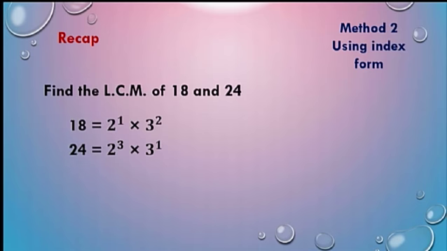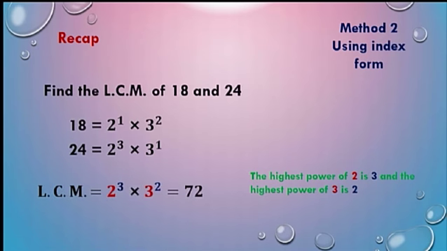Now to obtain the LCM, we're going to use one term from each column, but we need to take the term with the highest power. Like for 2 in the first column, we are going to take 2 to the power of 3 because the highest power of 2 is 3. In the second column we have 3, the highest power of 3 is 2, so we're going to take 3 power 2. So the LCM is 2 power 3 times 3 power 2, which is equal to 72.